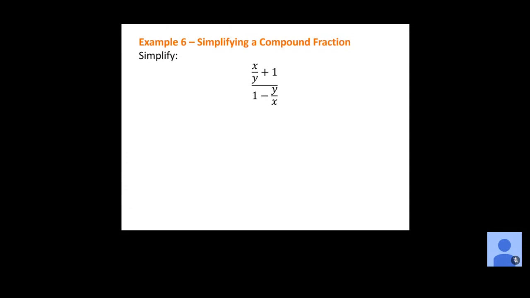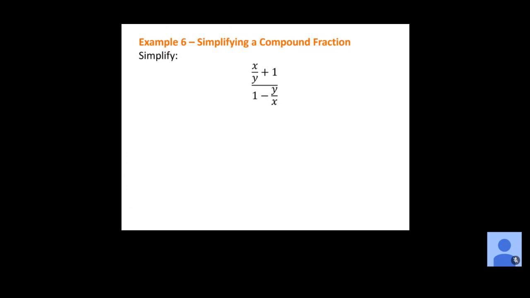So the x over y there, if I wanted to get rid of that fraction, what would I need to do? Okay, so we could find a common denominator in the numerator and denominator here.